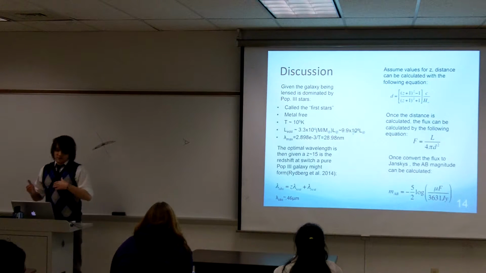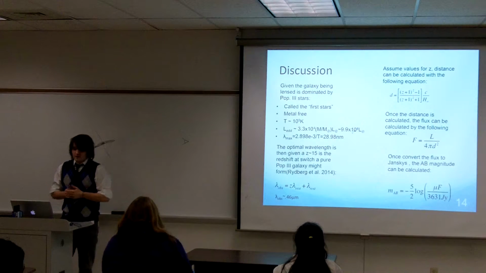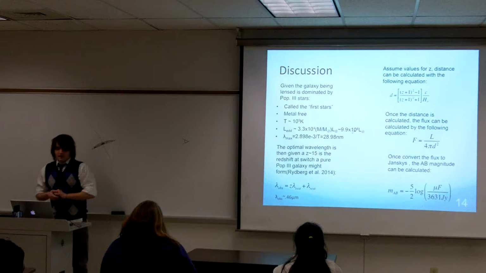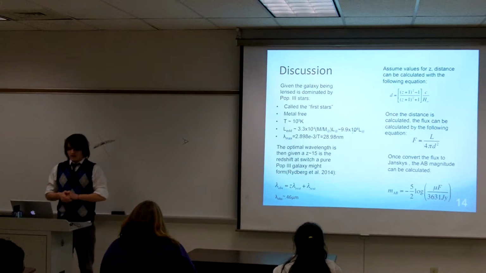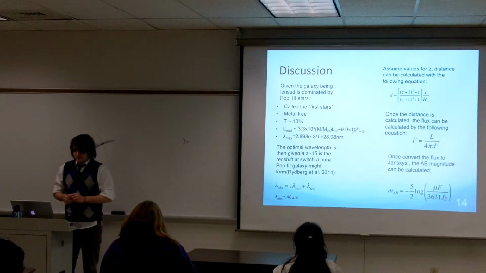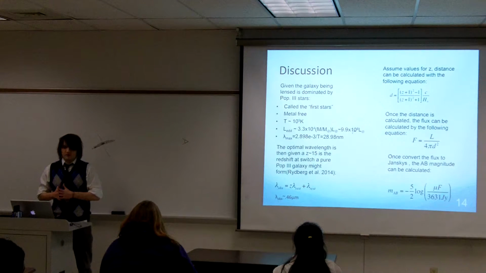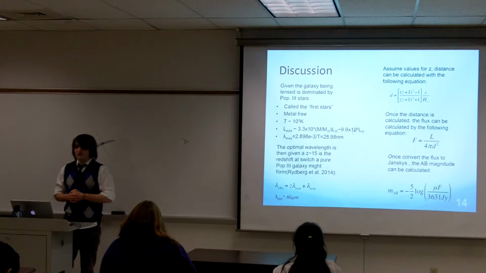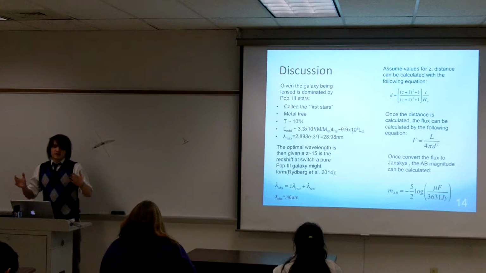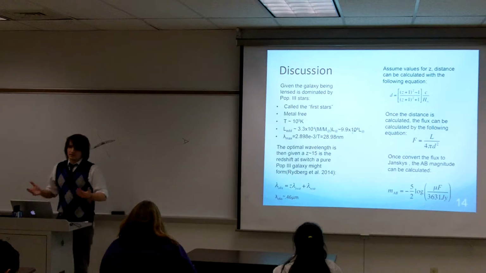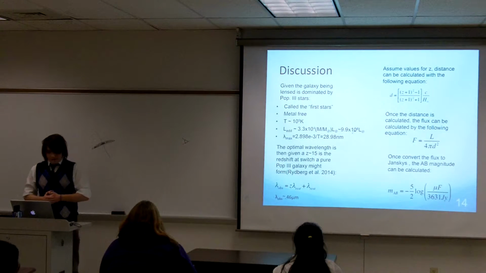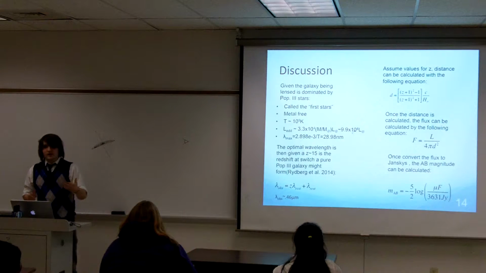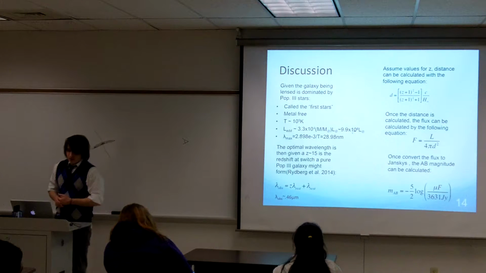So now to find the optical wavelength we want to observe at, I took from Reidenberg et al. that population 3 stars are thought to form at less than or equal to Z15. So I just took the maximum it could be, just why not? And I found that the wavelength you would observe at to find a galaxy that's at Z of 15 to be about 0.46 microns.